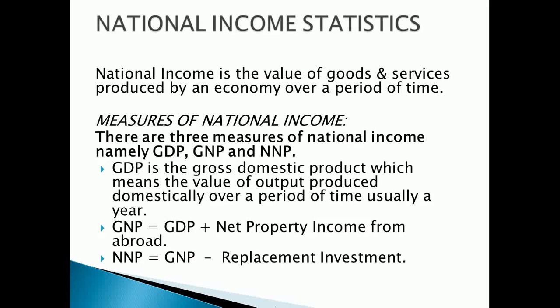In the two-sector model, there is no financial sector, no government, and no foreign sector. It assumes that through expenditure, households spend all their income on goods and services, or consumption, and at the same time purchase all output produced by the firms.